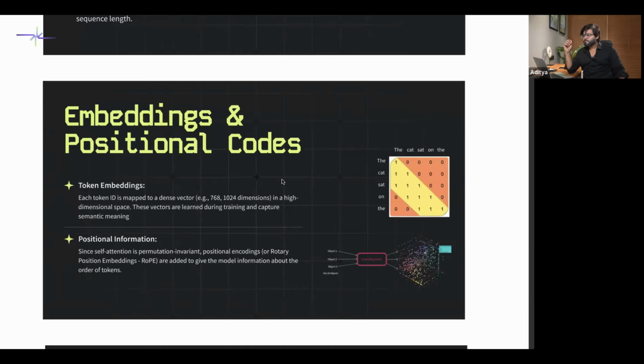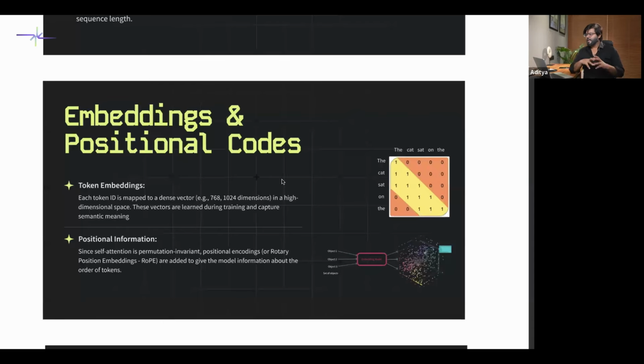Again, remember the fact that attention alone doesn't know word order. So we add positional encoding to each embedding. While I'm defining the corresponding vector, it's important that we also define the order, and that is added with the help of positional encoding.